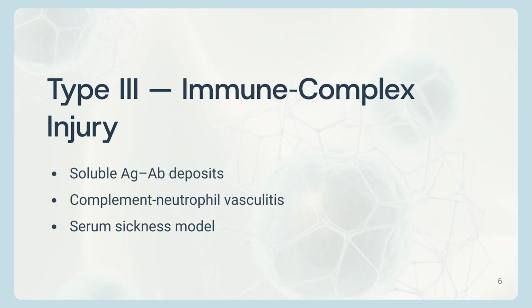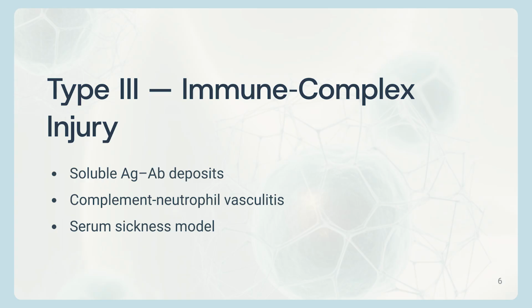Type 3 hypersensitivity is caused by immune complexes. Immune complexes are combinations of antibodies and soluble antigens that circulate in your blood. So these complexes can deposit in your blood vessels or your tissues, and that triggers complement activation and inflammation by recruiting neutrophils.